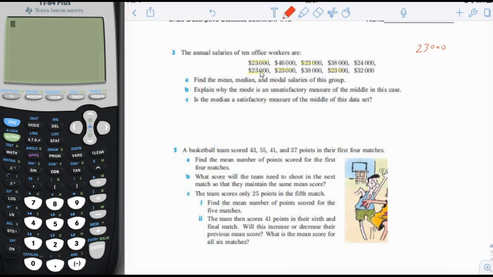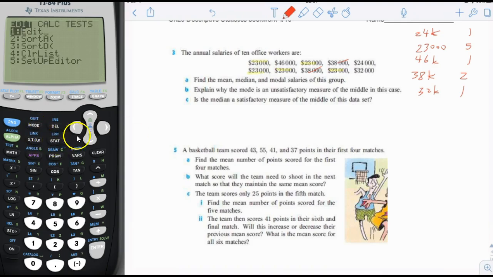That would be the simple way of doing it, but the quick way would be to say, hey, 23,000 has 5 occurrences. 38,000 has 2 occurrences, for example. And are any of the others repeated? The others are all singular values. So 24,000 has 1 occurrence, 46,000 has 1 occurrence, 32,000 has 1 occurrence.